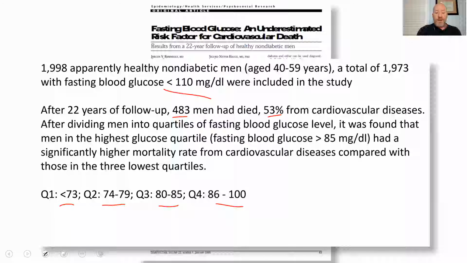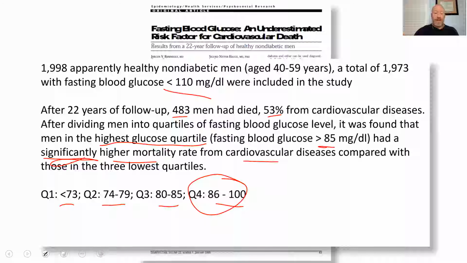What they found was that the highest glucose quartile, above 85, had a significantly higher mortality rate from cardiovascular disease than those in the lowest quartiles.